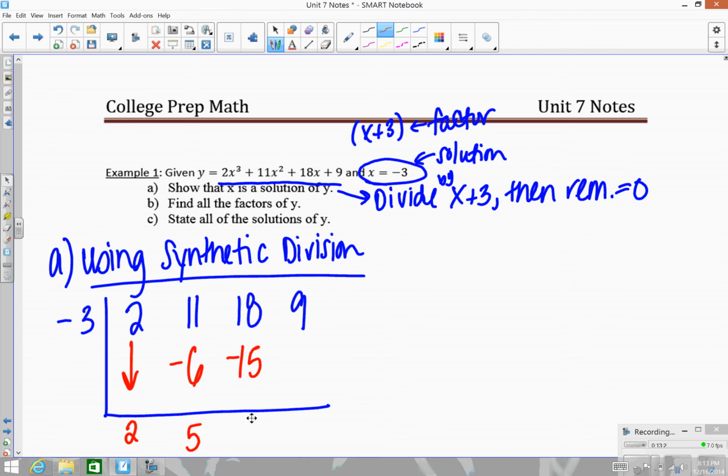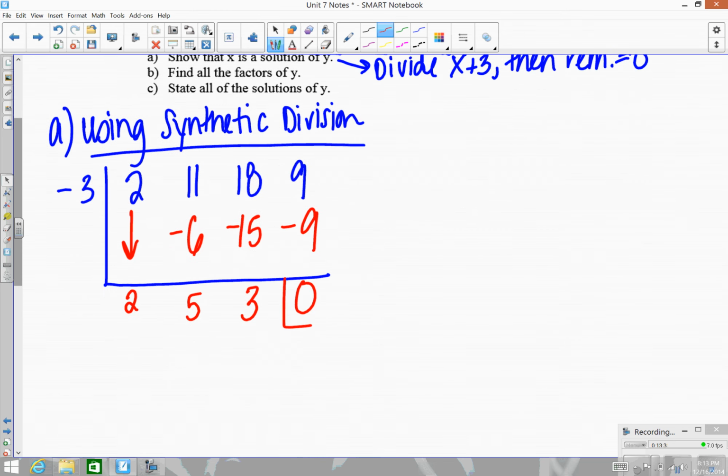Add these up, we get 3. 3 times -3 gives me -9. When you add, you get 0. Remember, this number at the end is the remainder. So since my remainder equals 0, that means that x equals -3 is a solution to this equation.